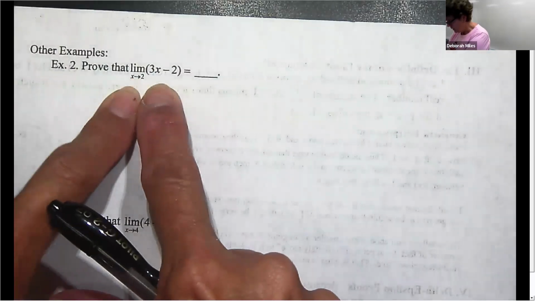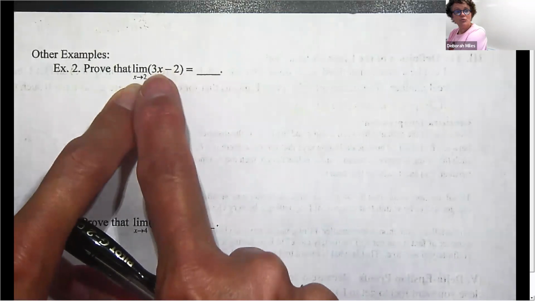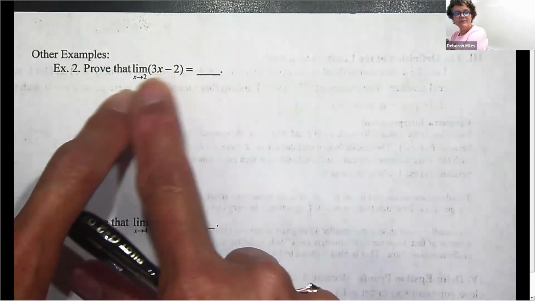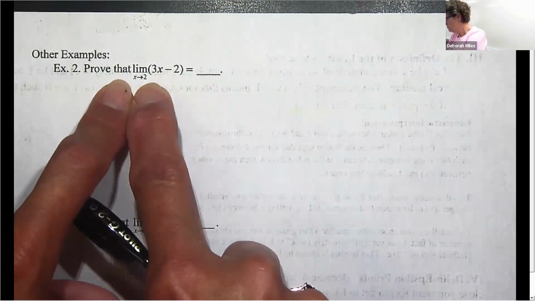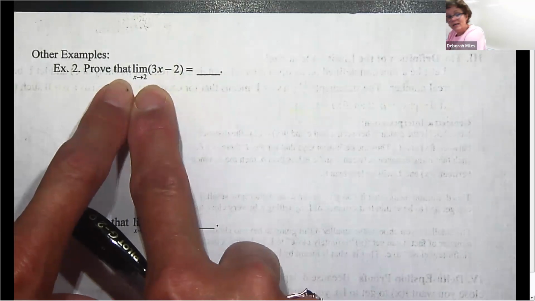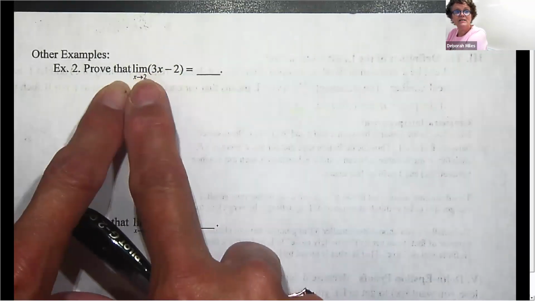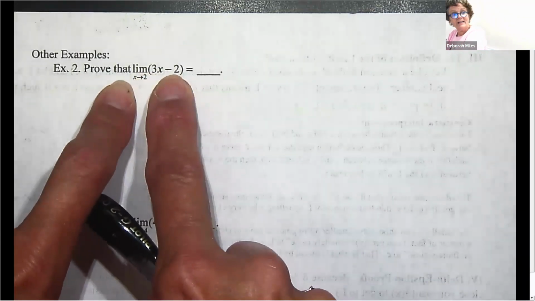So we're only going to do the linear ones to get you some idea of what the limit definition means. All right, so first thing we have to do is find the limit of the function 3x minus 2 as x approaches 2. How do you find that? Since that's a linear function, you can just let x be 2 and see what y actually is.